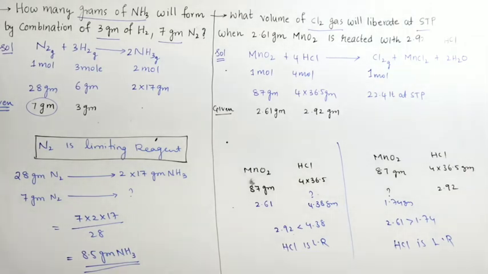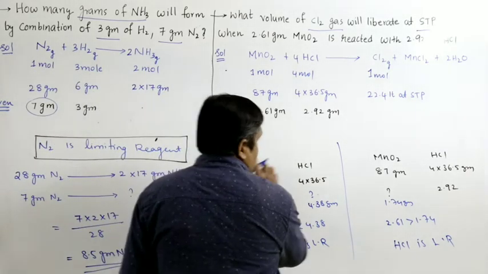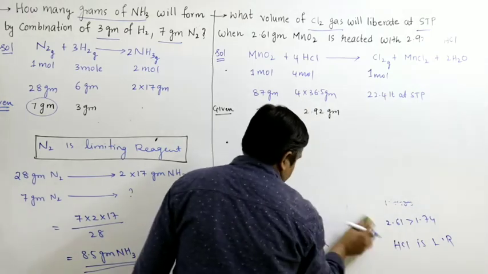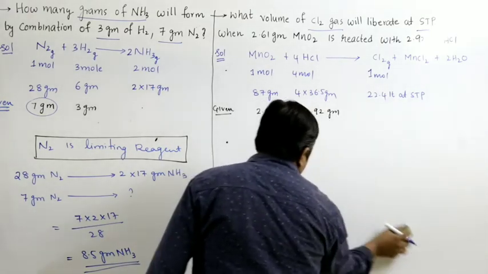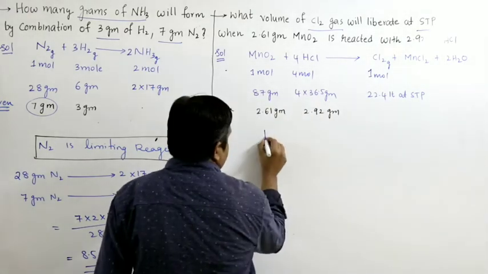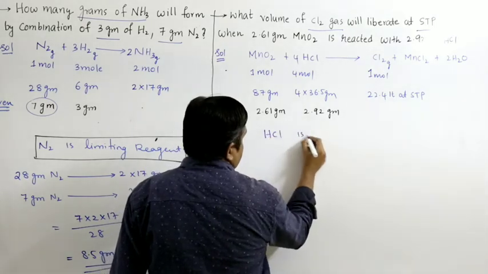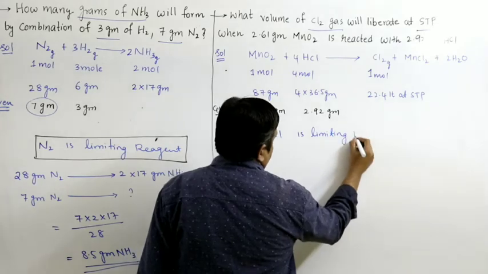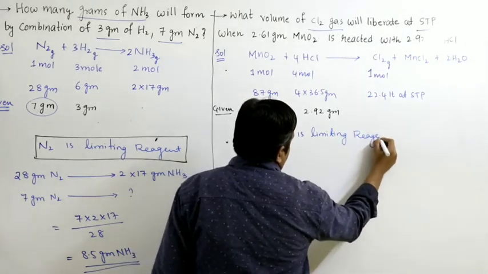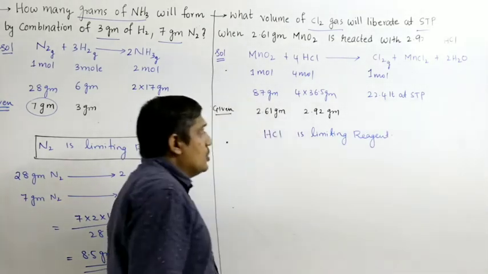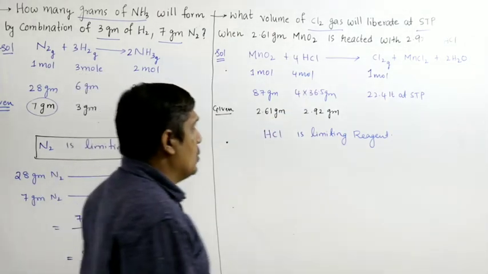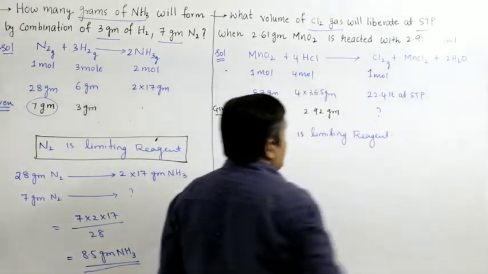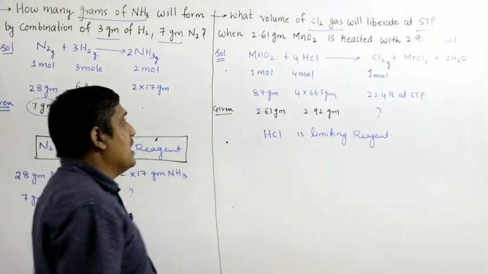Since HCl is the limiting reagent, the amount of the product, that is chlorine, should be calculated based upon HCl, right?